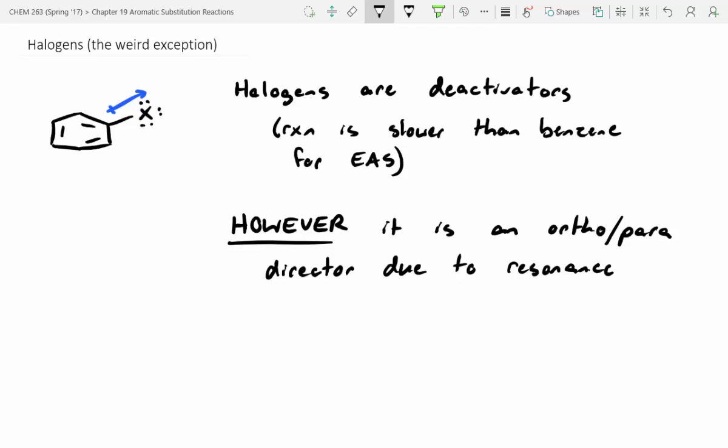Halogens are just weird that way, and we can show this experimentally. Does that make sense? So now the question is, what if you've got multiple substituents coming off of your benzene ring? Let's say you've got multiple activators or multiple deactivators or a combination of activators and deactivators.